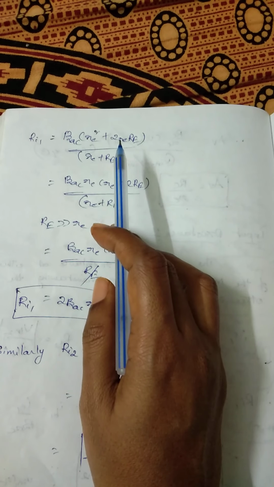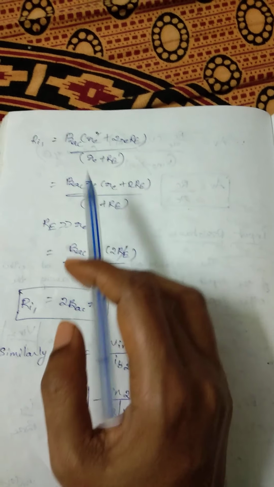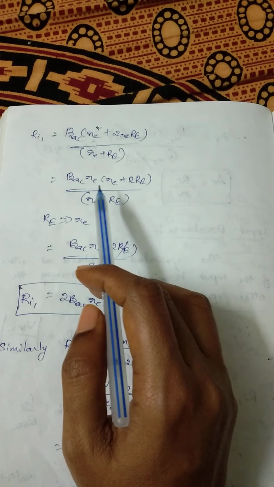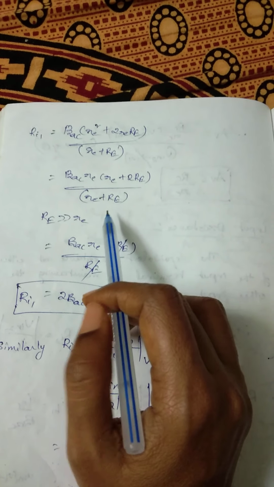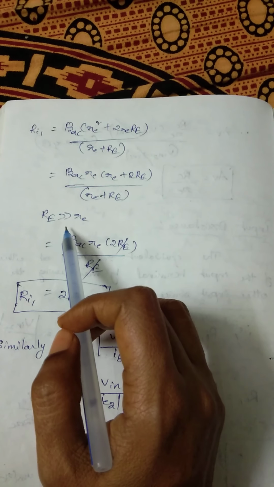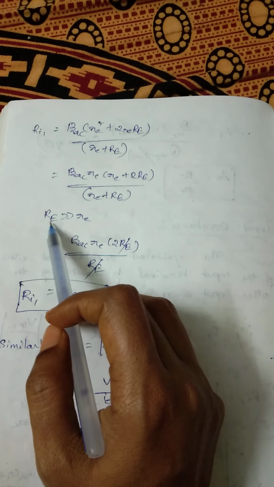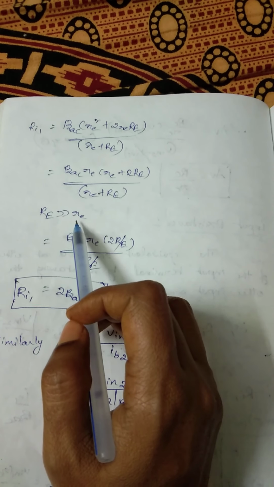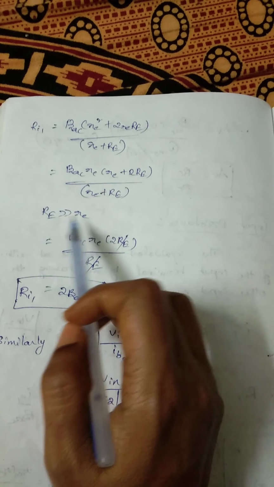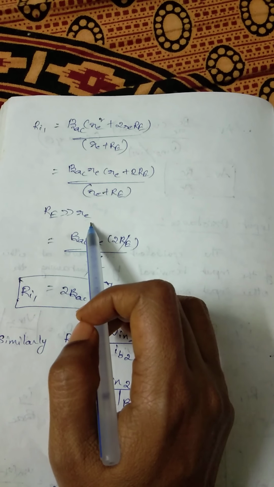In these two terms we can get the common value of Re. So that is beta Ac into small re into (small re plus 2 into capital Re) by (Re plus capital Re). We know the difference of capital Re and small re. Capital Re is the emitter resistance and small re is the internal emitter resistance. If you compare these two values, capital Re is very much greater than small re.